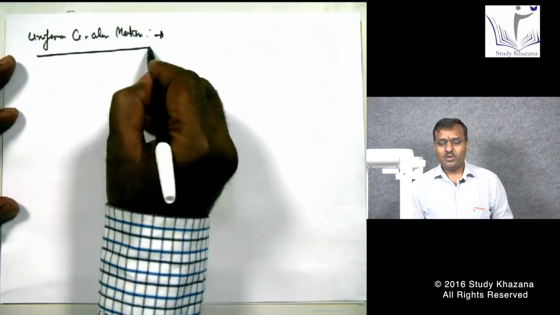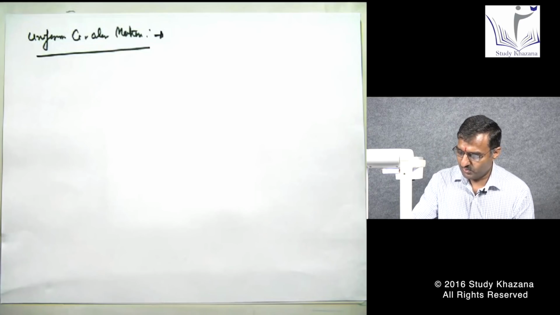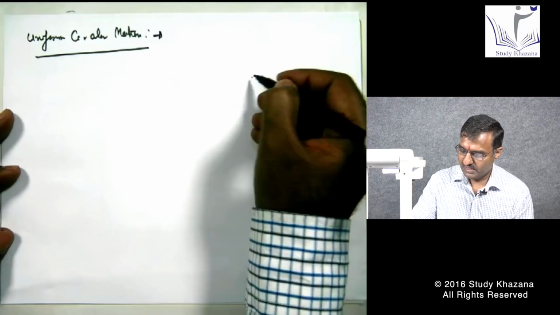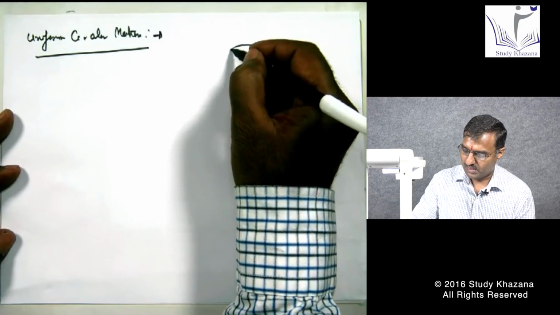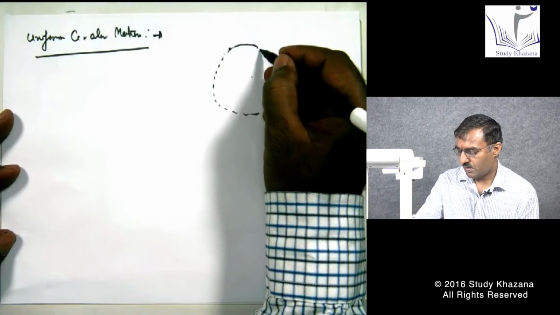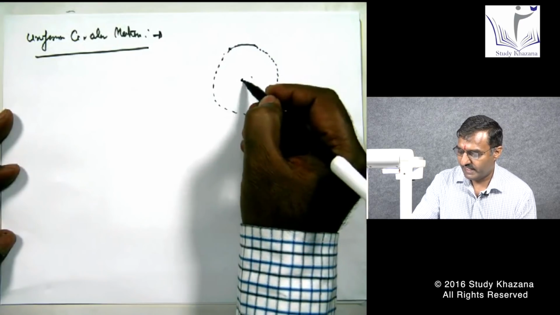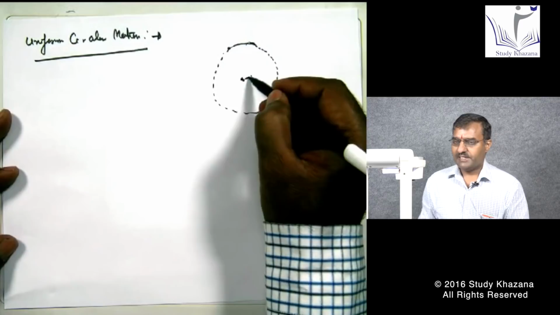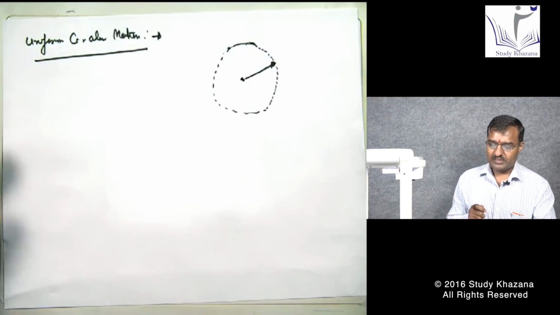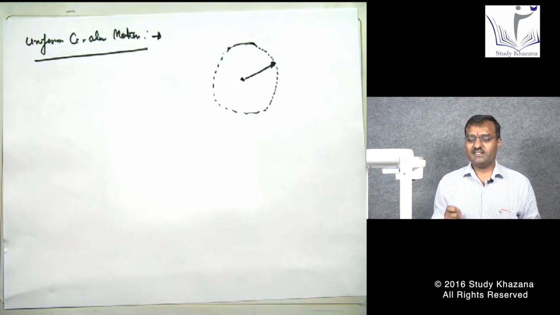As you already know, what is a circular motion? If an object is moving in a circle, like if you are rotating some thread, or you have tied some stone and you are rotating it and creating a circular motion, then such types of motion are known as circular motions.